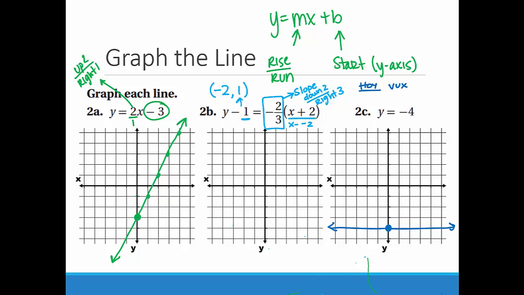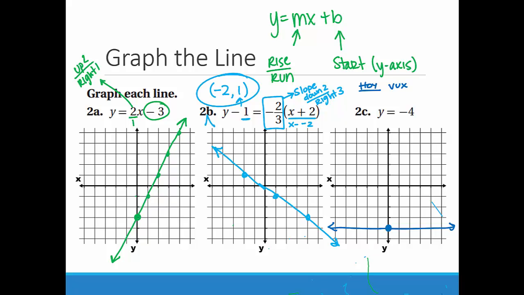X plus 2, it's going to be a negative 2. So this point is where we're going to start, back to up 1. And then we're going to use our slope. Down to the right 3, down to the right 3. Just like before, you can make as many as you want. Oops, this should be right 3. Or until you get the line looking like you want it to look. And then draw through it.